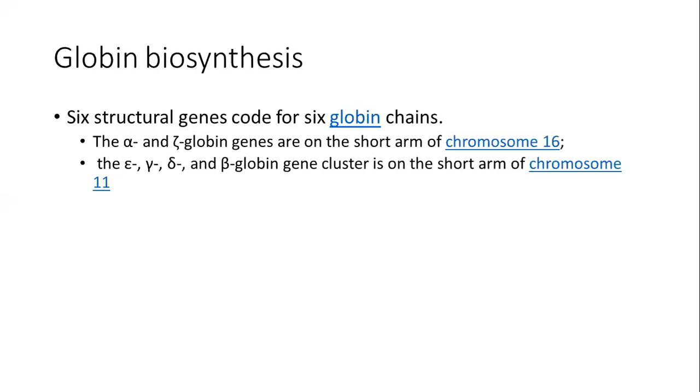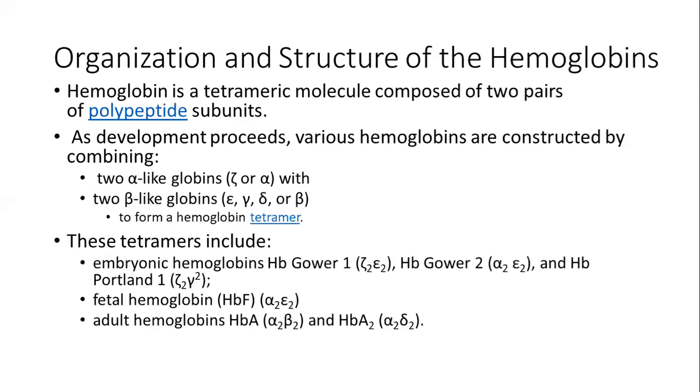So having said that, ladies and gentlemen, how do we synthesize globin? So there are 6 structural genes that code for the 6 globin chains, all right? You have the alpha zeta globin genes, which are on chromosome 16, and then of course the others on chromosome number 11. And if you look at the globins, the organizational structure of the globin and the hemoglobins in general, as I did mention, was as a result of 4 globins or 4 polypeptide chains coming together to form a tetramer.